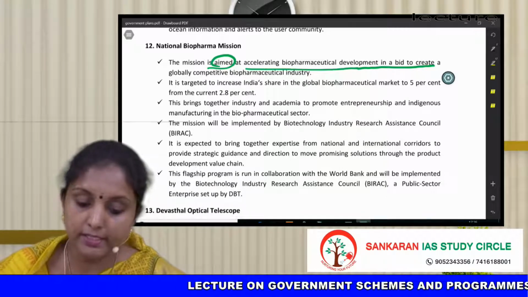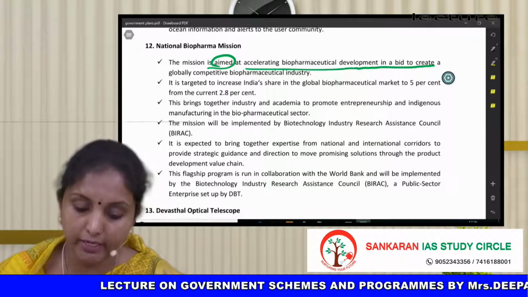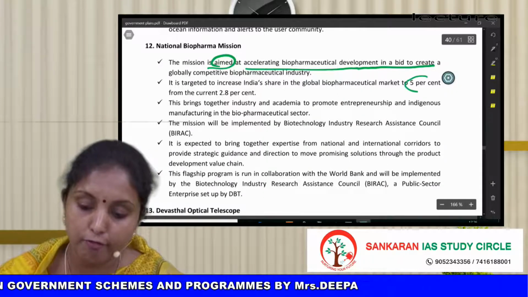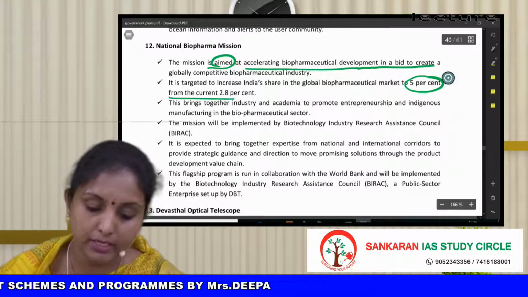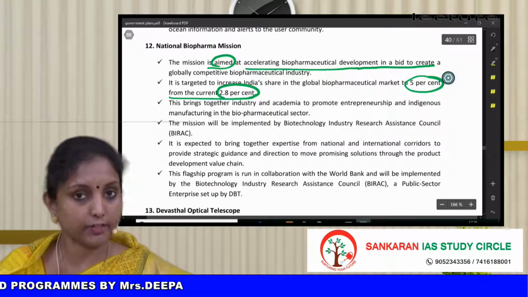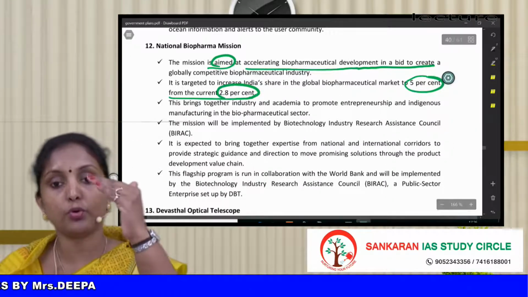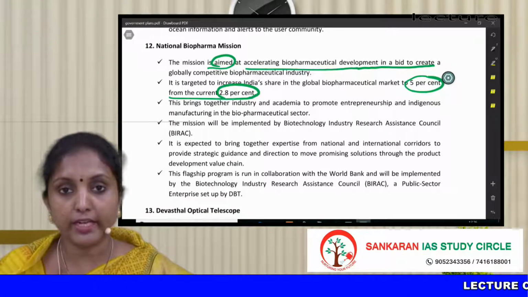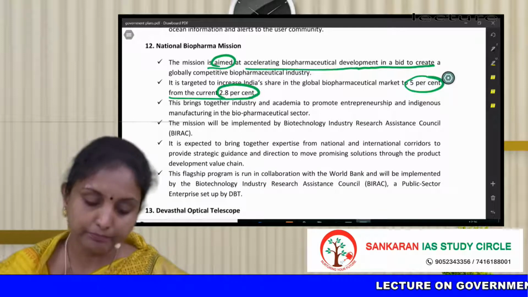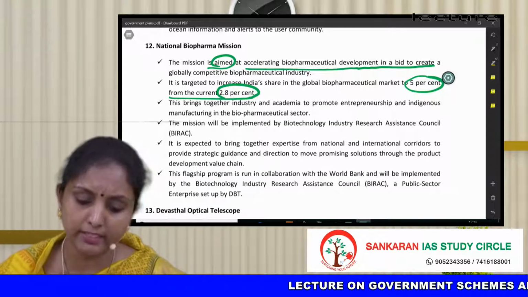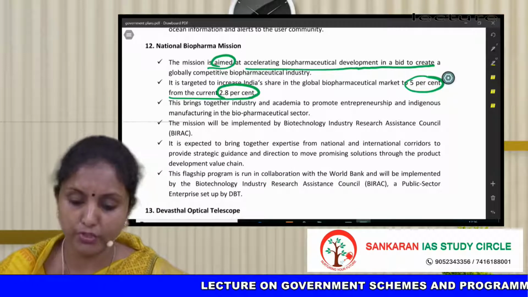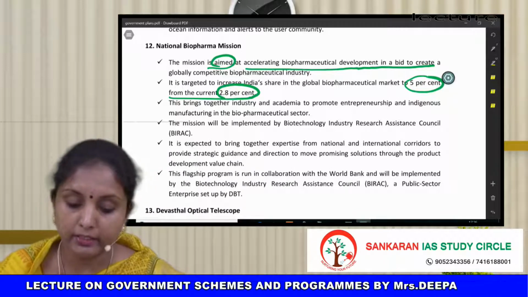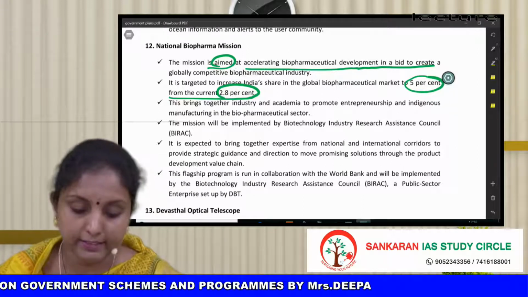It is targeted to increase India's share in the global biopharmaceutical market to 5% from 2.8%. Now it is 2.8%. They want to increase that from 2.8 to 5%. Okay. This brings together industry and academia to promote entrepreneurship and indigenous manufacturing in the biopharmaceutical sector.